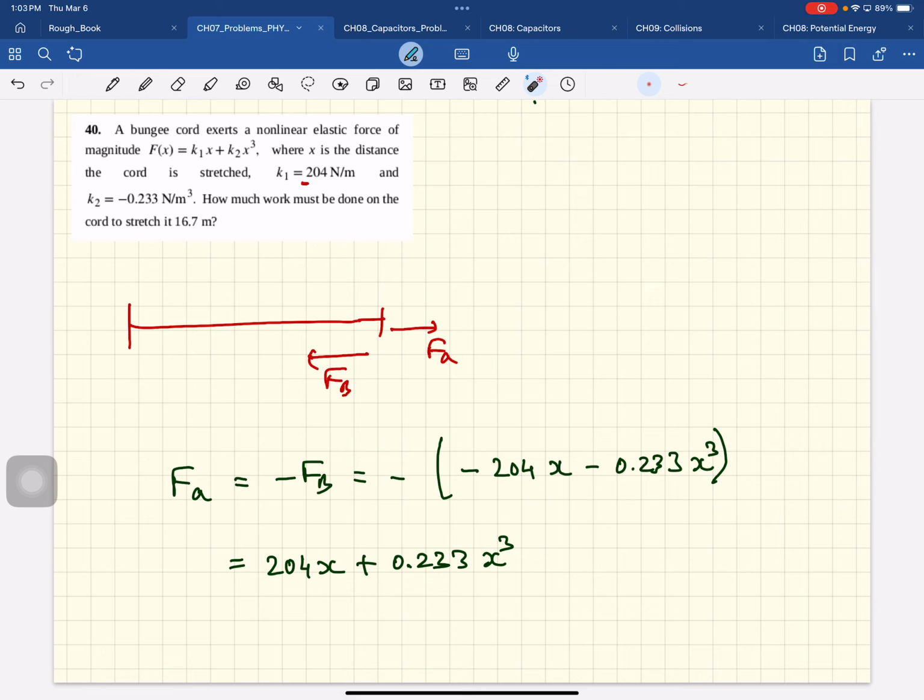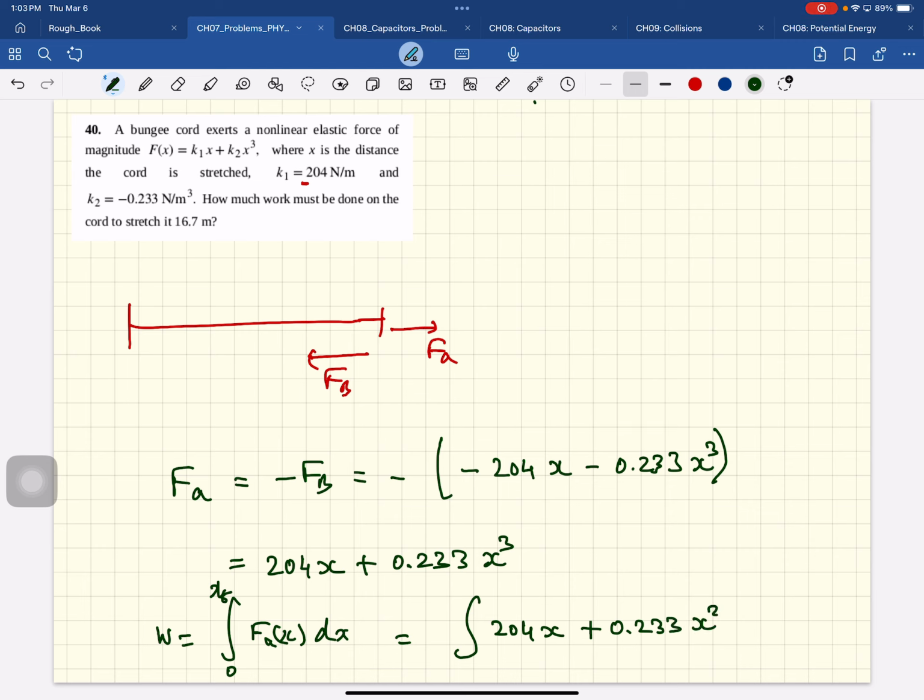Yeah. So let's see, what is the work done? The work done is the integral of F dx, from 0 to x final.